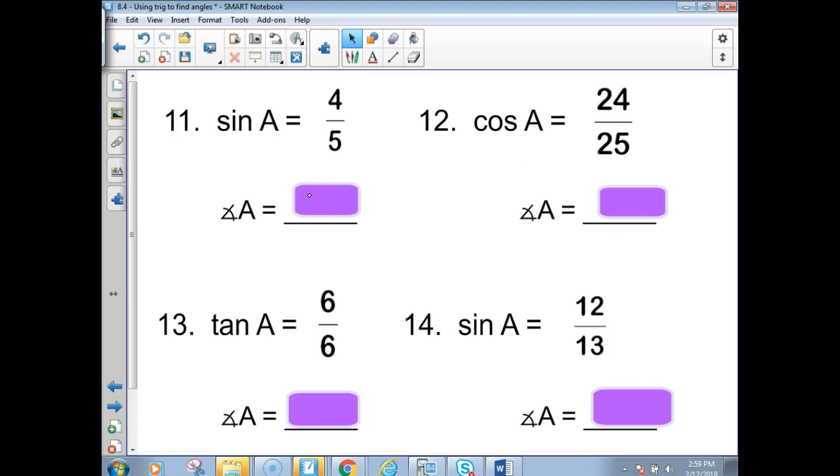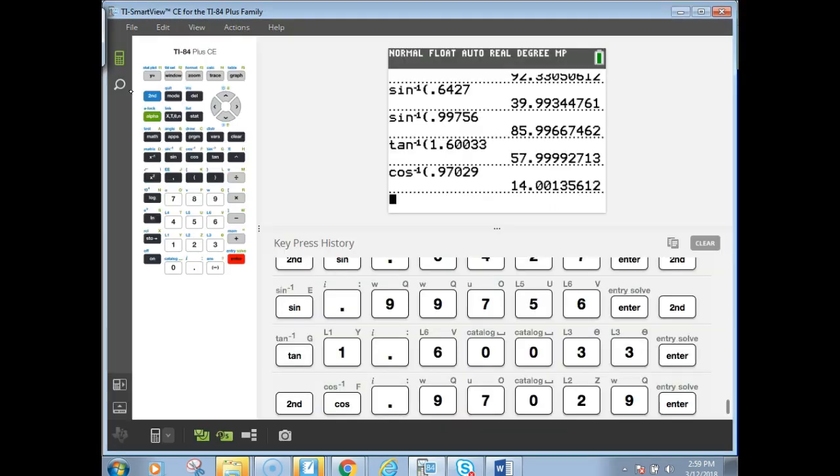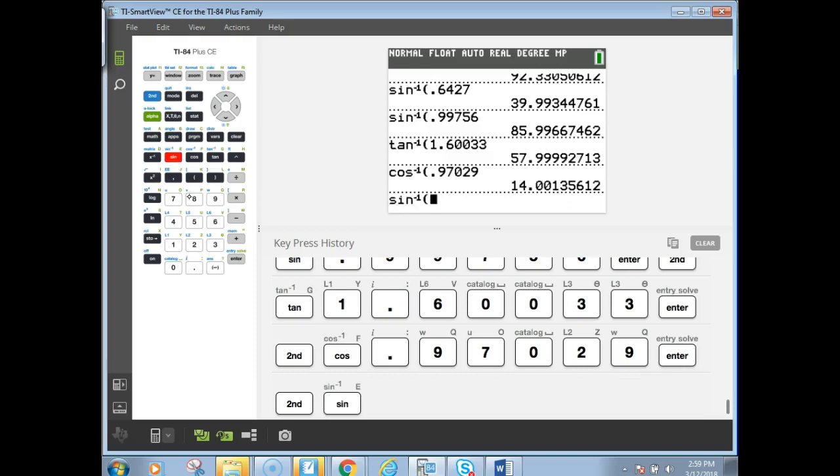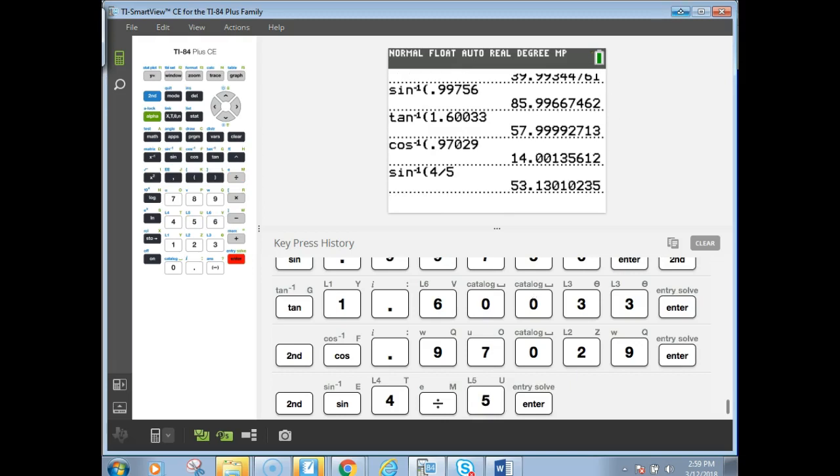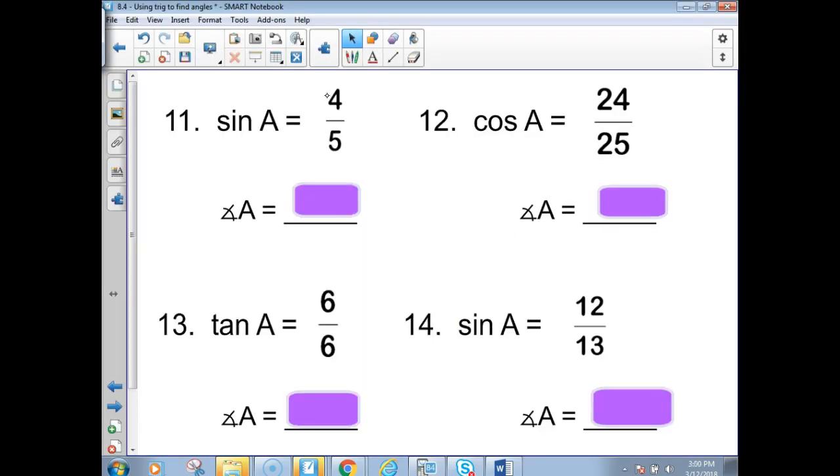Okay, same thing though, to find the size of the angle that those things are across from. So we hit second sine 4/5. You just type 4 divided by 5. And you get 53.1 degrees, which we're going to round to the nearest degree, 53 degrees.